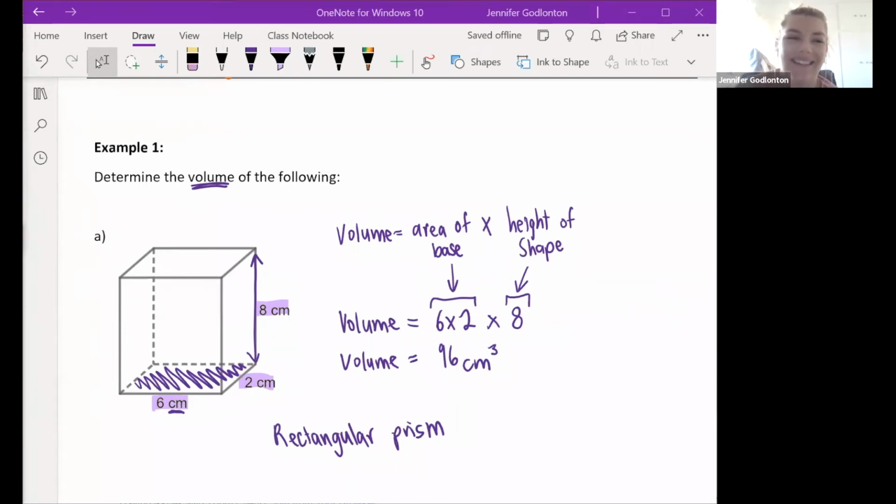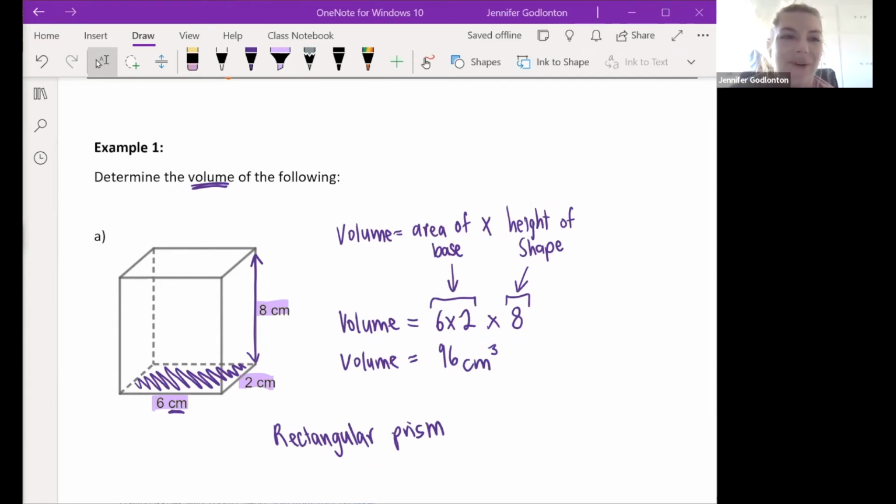Okay. Ma'am, which topic does this fall under? This is surface area and volume. Okay, but it's not at our school, ma'am. So then maybe it might be done through measurements. It might be within that topic. Okay.